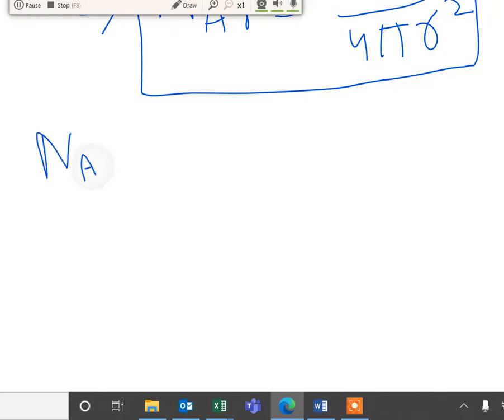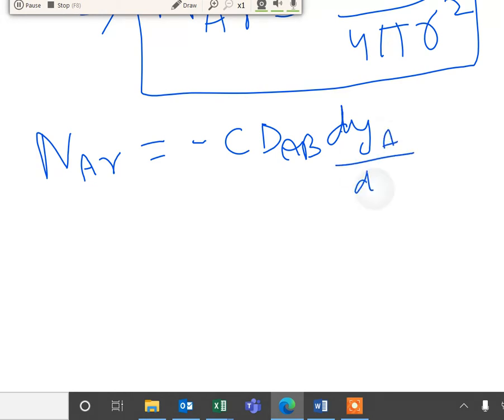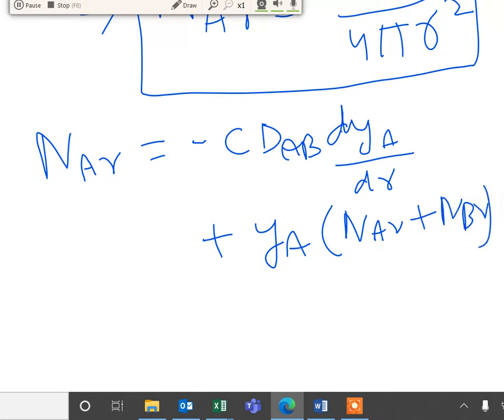Now let's go to the general equation of flux. NAr equals, this is the diffusion part, DAB dyA over dr, plus yA, mole fraction, times NAr plus NBr. Okay, what we have here, we have the naphthalene is diffusing in air.